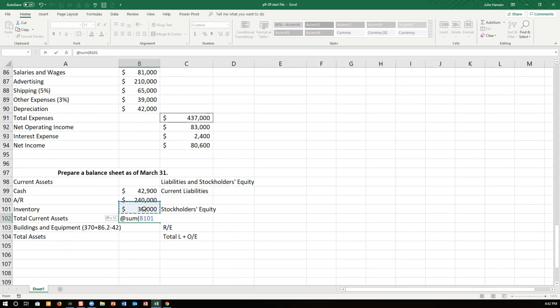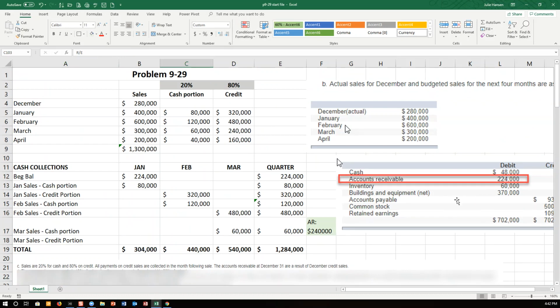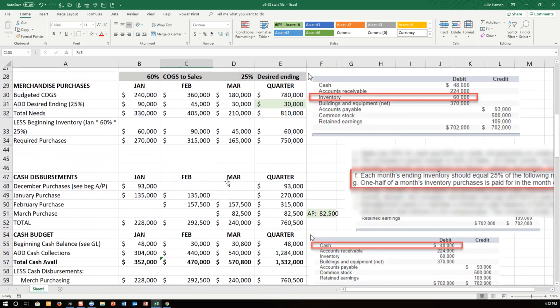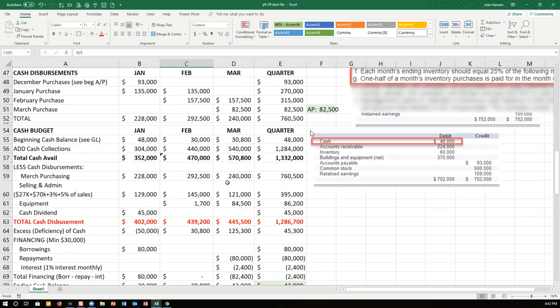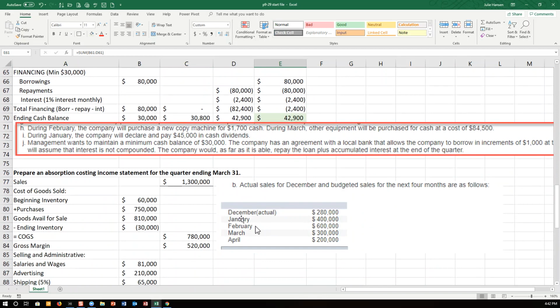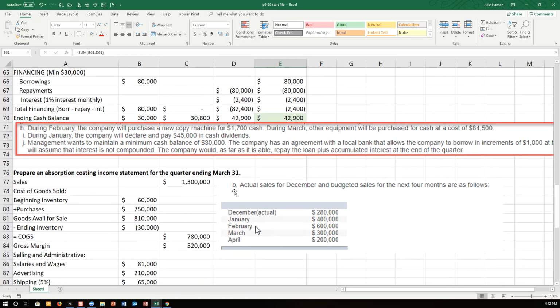Our buildings and equipment, if you recall, were $370,000, and to that we added, remember, we purchased some more equipment for $86,200, and then we had some depreciation of $42,000.